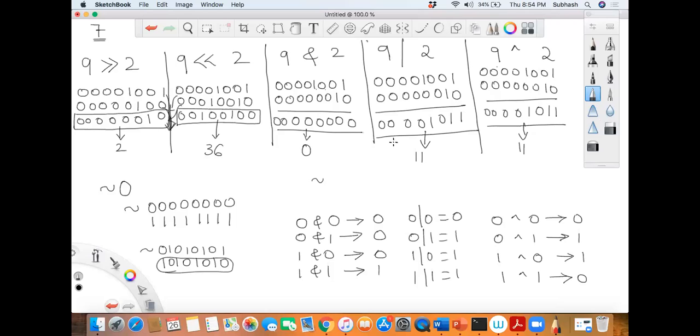Didn't I tell you that whenever we are using these non-short circuit operators, the left hand side and the right hand side, guys, did I tell you or not? Hello, everyone, didn't I tell you or not?